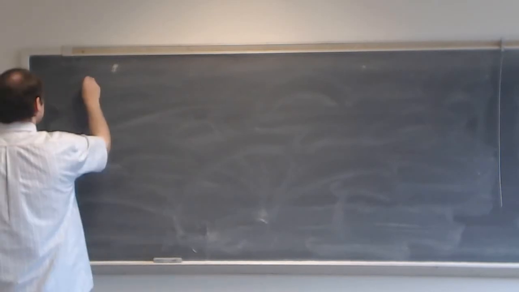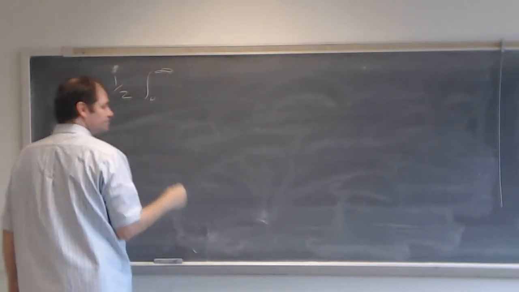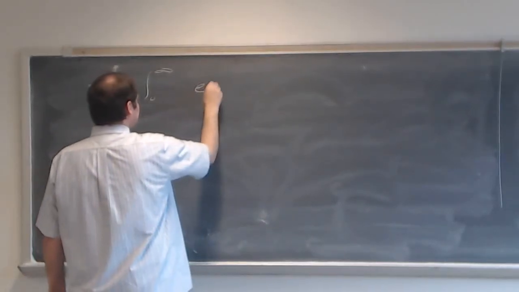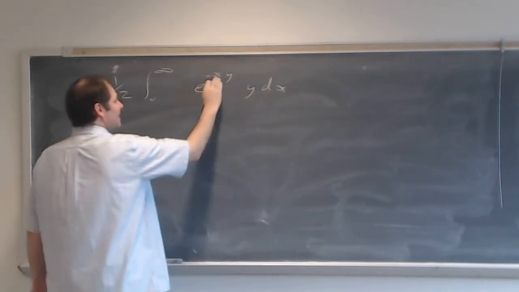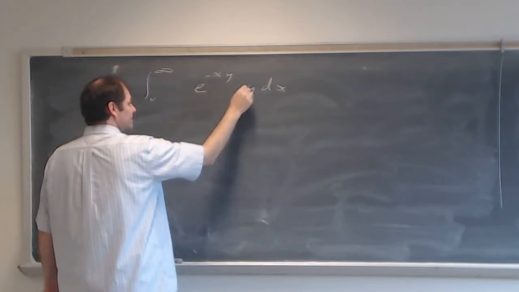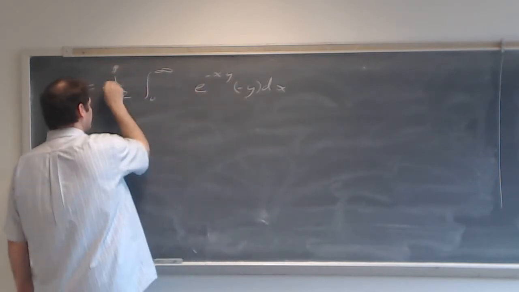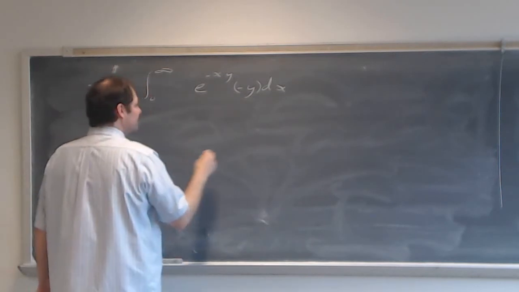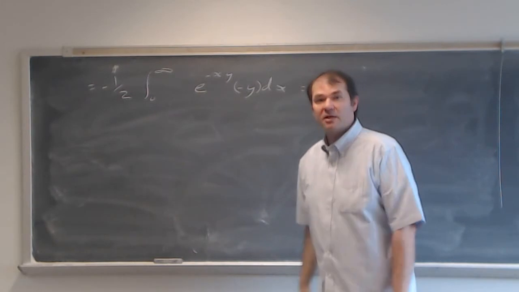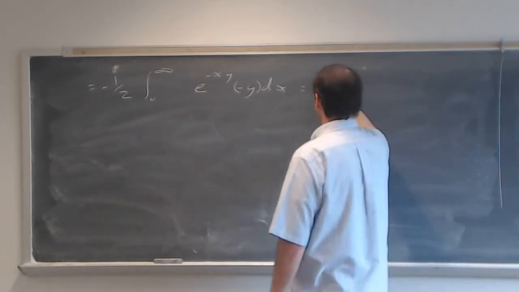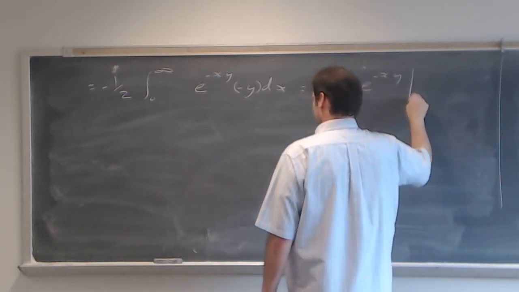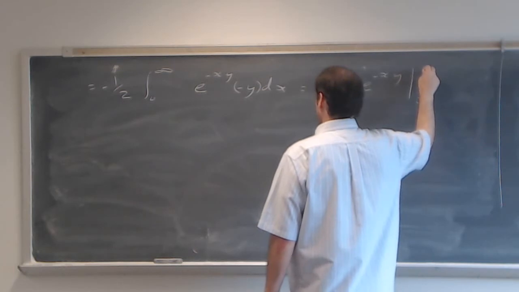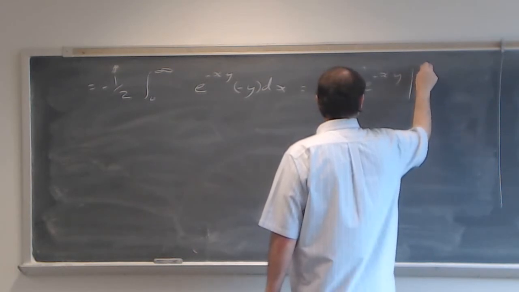Okay, so that's equal to 1/2, I pull that out of the integral. Let me just write it here. So 0 to infinity, it's e to the minus x y, and then it had a y, dx. Now look, you've got e to something. To be able to integrate e to something, you need to differentiate something. That's minus y. So I need to put a minus here, so I'll put a minus out front of the constant. And now that's equal to, so this is supposed to be an improper integral, but I'm being a little bit informal. This will be minus 1/2 e to the minus x y evaluated as x runs from 0 to infinity.